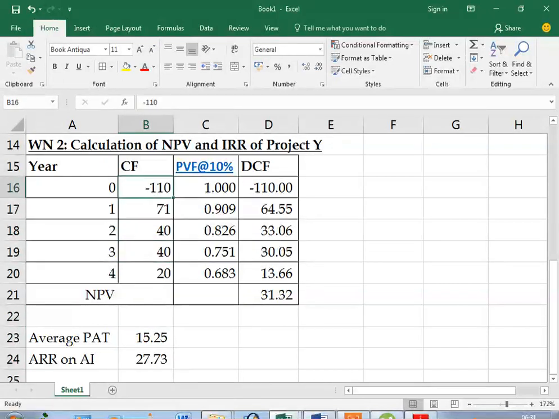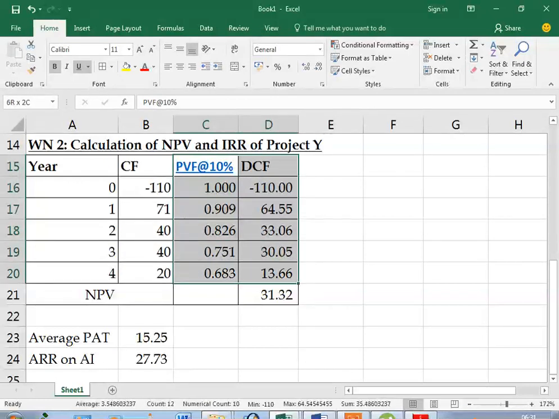Try 20 and then we'll see what happens there.